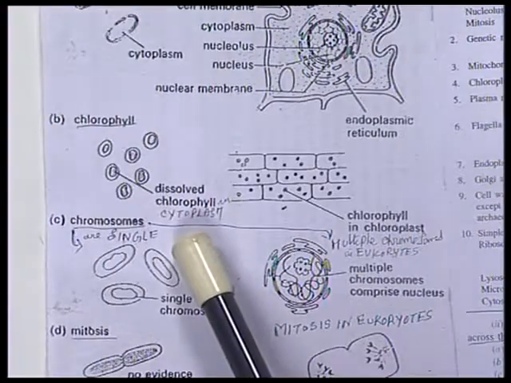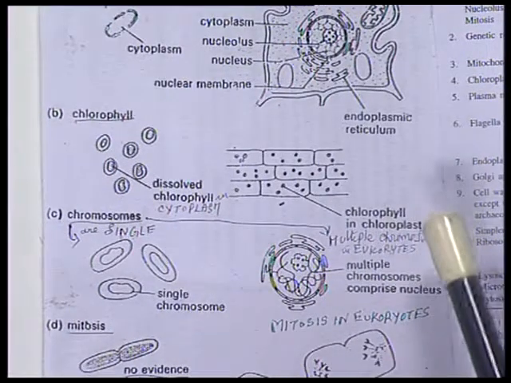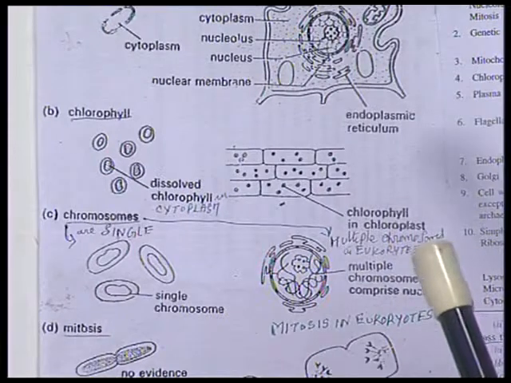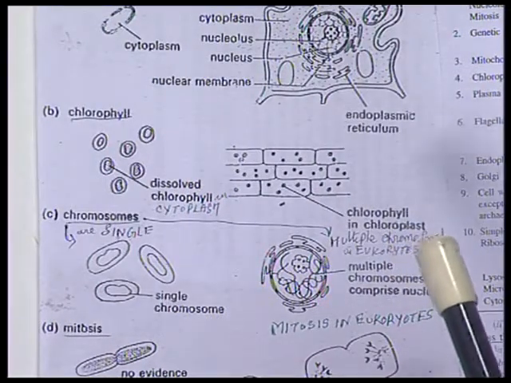And then the second thing is chlorophyll. As all of you know, photosynthesis is the main process in plants. So the dissolved chlorophyll is in the cytoplasm in prokaryotes, whereas in eukaryotes the chlorophyll is in the chloroplast. As you know, the chloroplast plays an important role in photosynthesis.